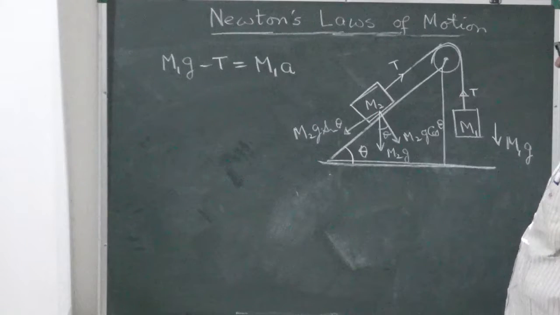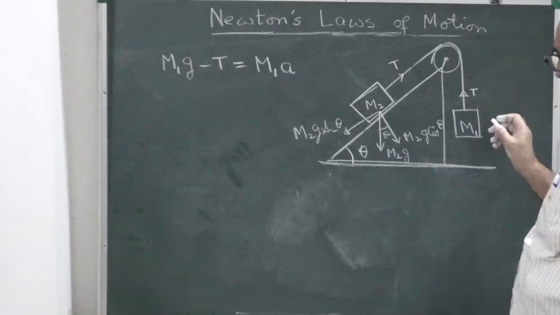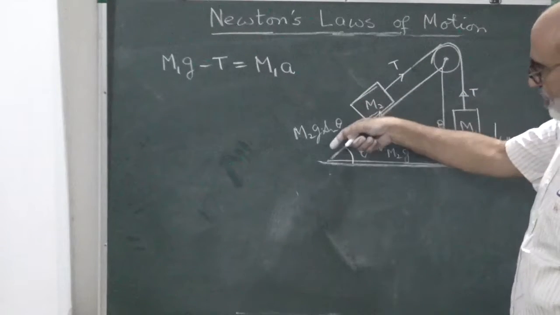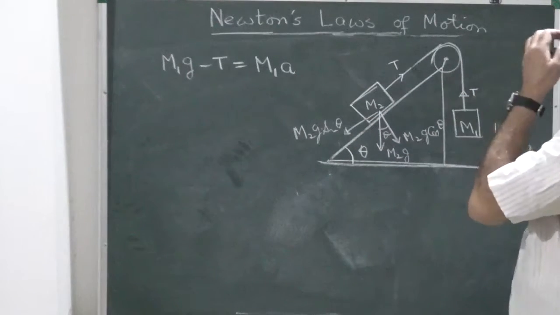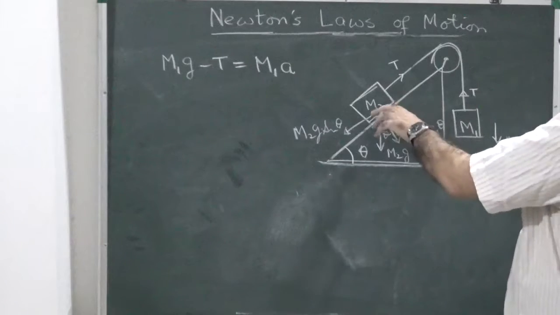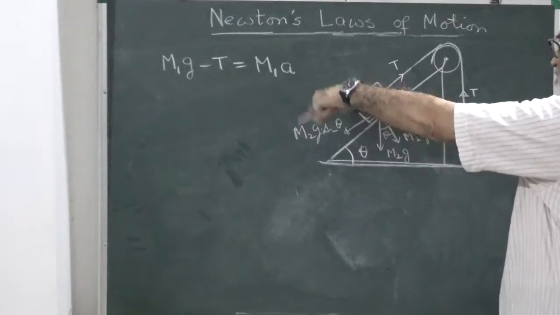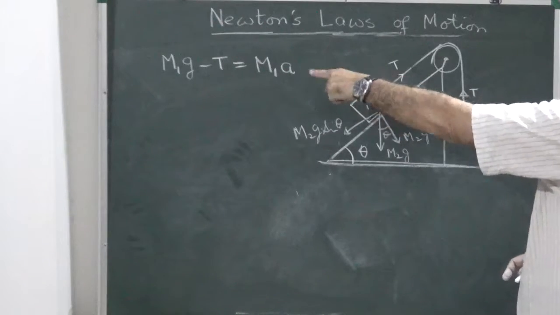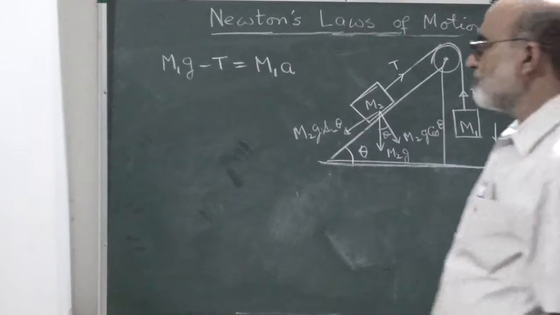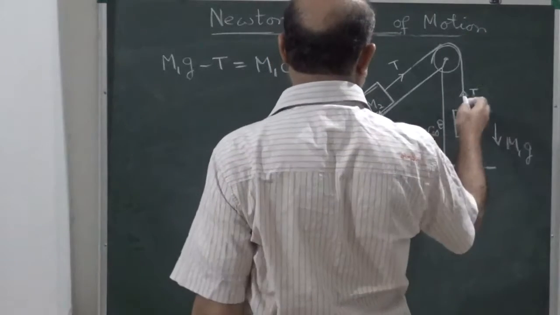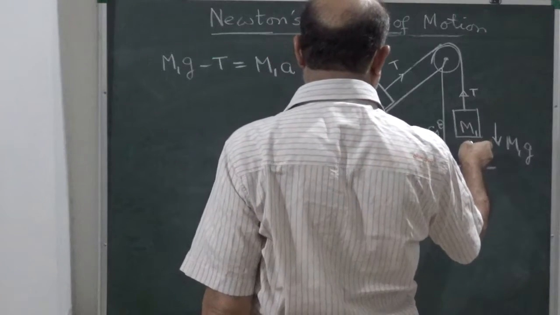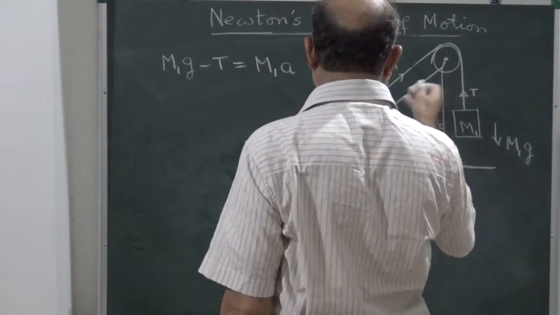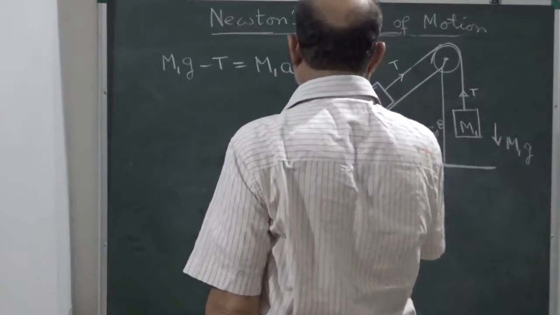But if the actual acceleration, when you substitute the numerical values, turns out to be such that this must go down, then your assumption that this is going up will give you negative values. It means that you have assumed m1 to be accelerating down, but if it comes out to be negative, it means this is going up and this is going down.